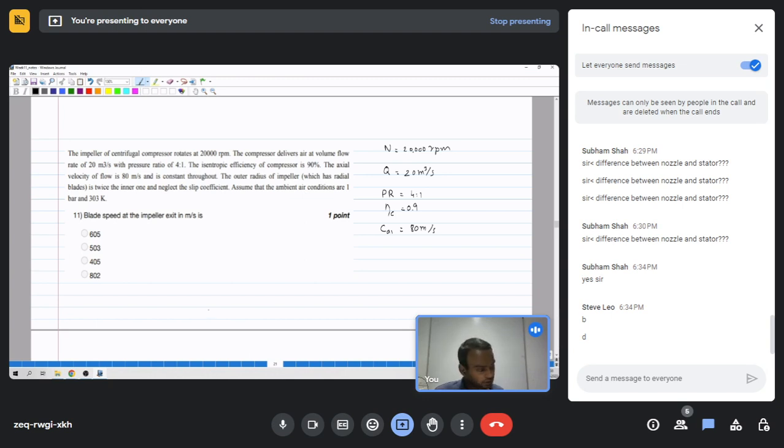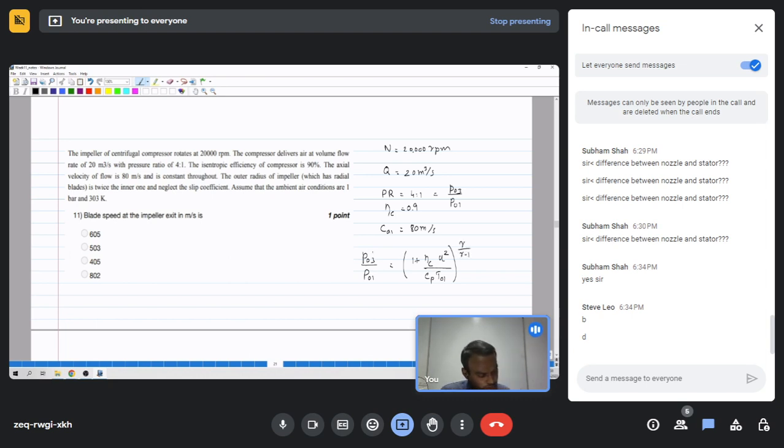So this can be set as P03 by P01, and P03 by P01 can be written as 1 plus eta C U2 square, or here U1 square, divided by Cp into T01, the whole power gamma by gamma minus 1.